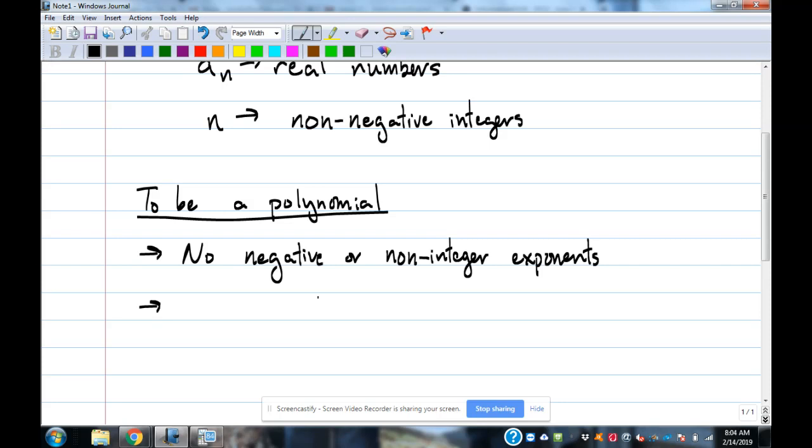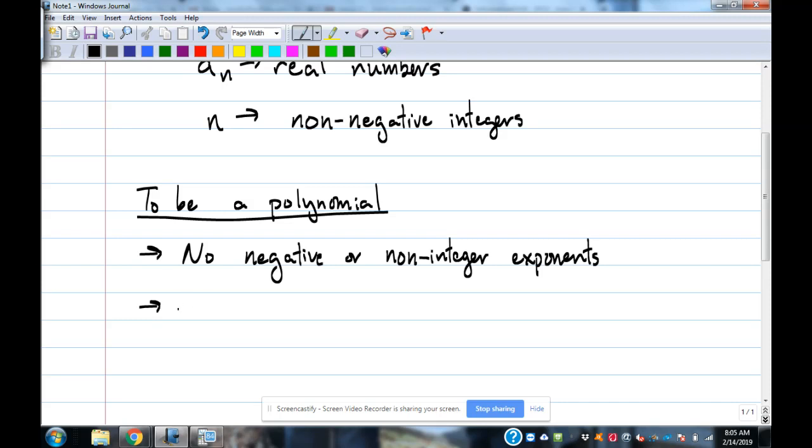Okay, no negative exponents, because that puts the variable in the denominator once you make that a positive exponent, and you can't have that to be a polynomial. We'll get into that later on in chapter 5 when we talk about rational expressions. That's when the x is in the denominator.